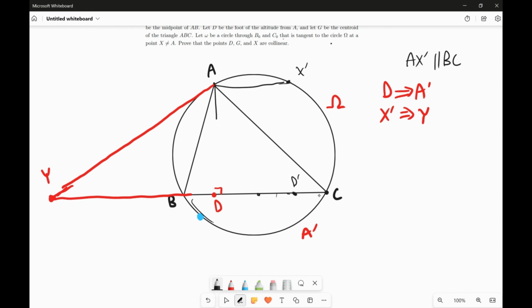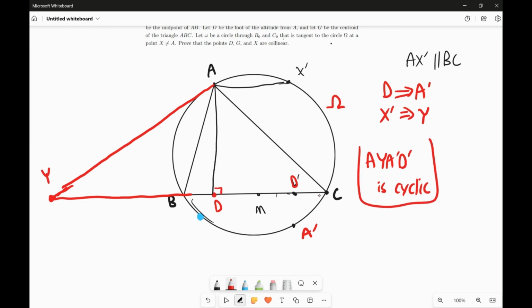And then we let D be the foot of the altitude, M is a midpoint, D star is a reflection, and then A prime is an antipode, the point diametrically across. And what we want to show now is that A prime, D prime, Y are cyclic. We've reduced it to this by force overlaying.